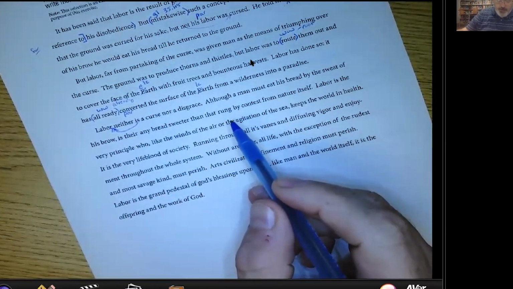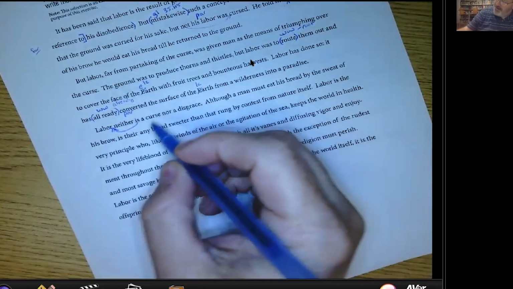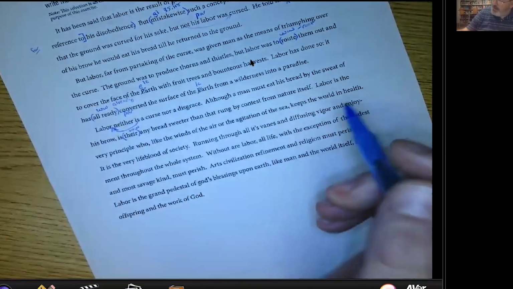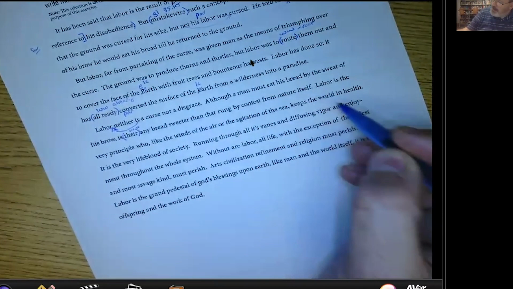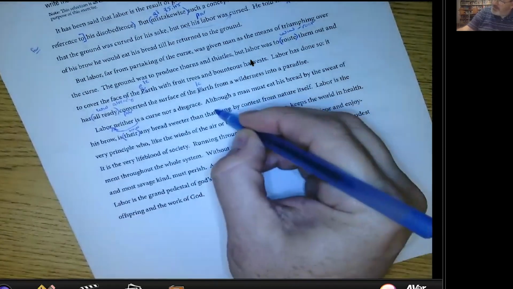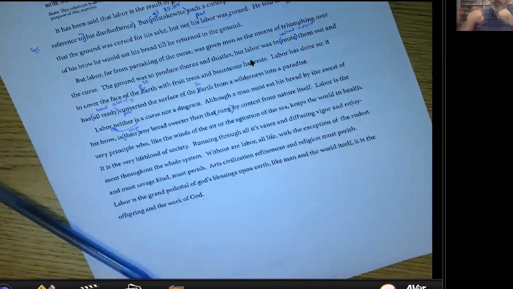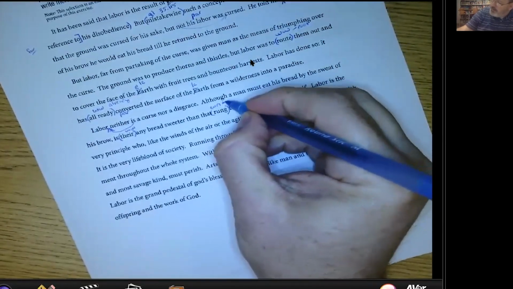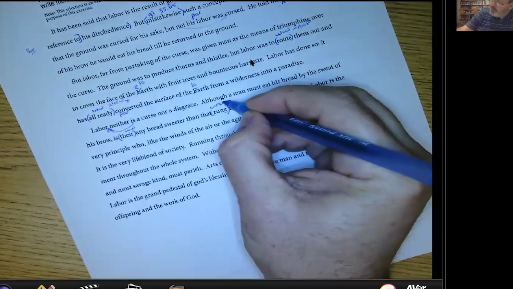Although a man must eat his bread by the sweat of his brow, is there, that's the wrong there. So that's a wrong word. It should be T-H-E-R-E. Is there any bread sweeter than that wrung by contest from nature itself? That's wrung, meaning if you're going to wring a chicken's neck like that, W-R-U-N-G.